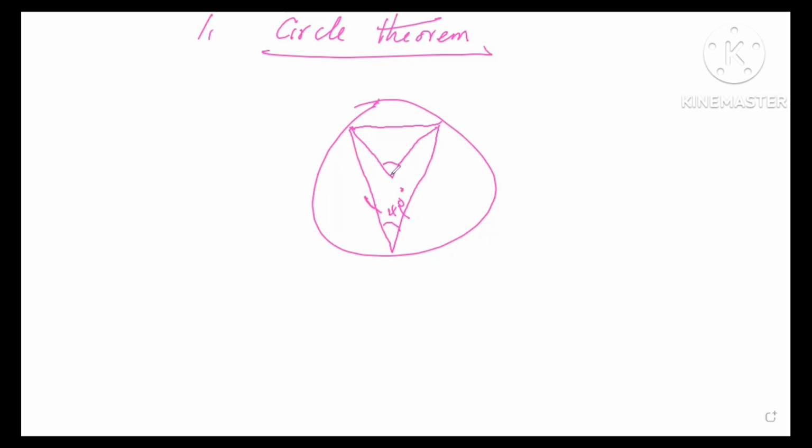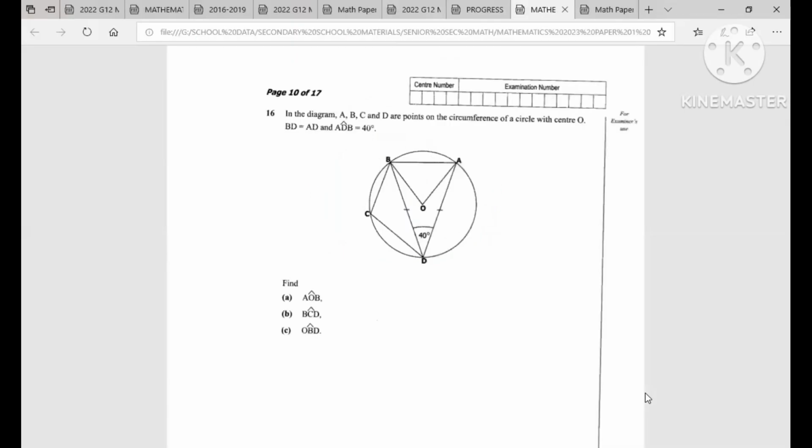Then this is O. Then how I wish you could see that. Let me do this. Okay, are you able to see it now? Yes.